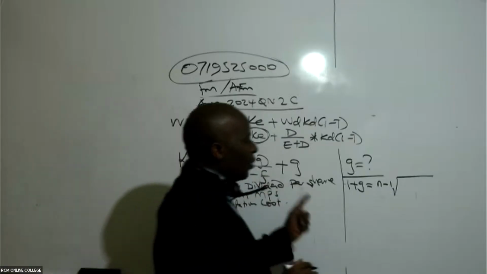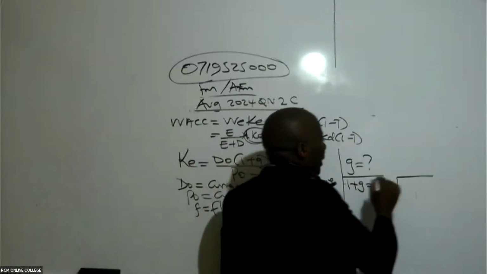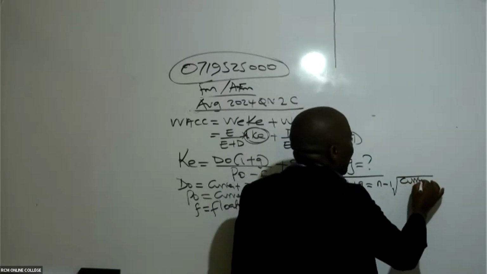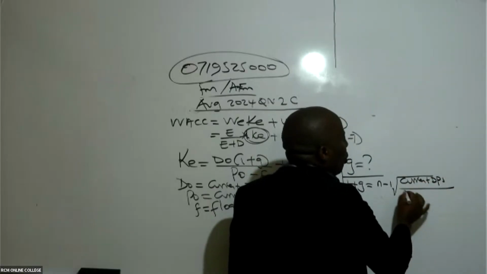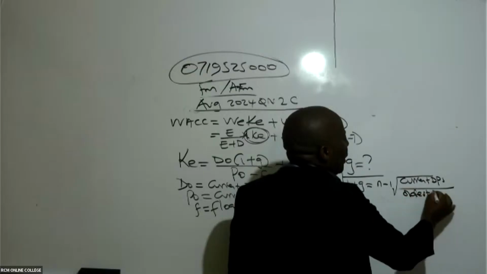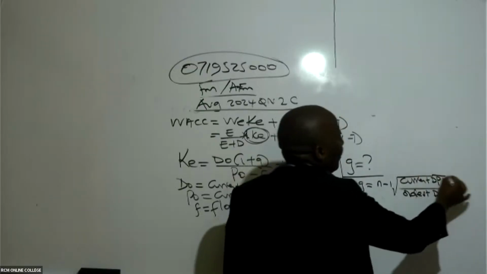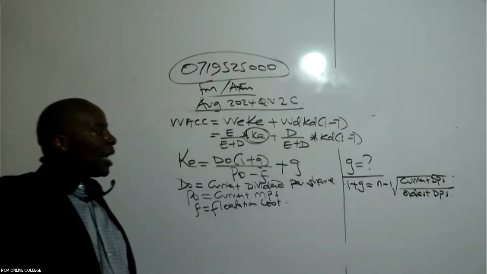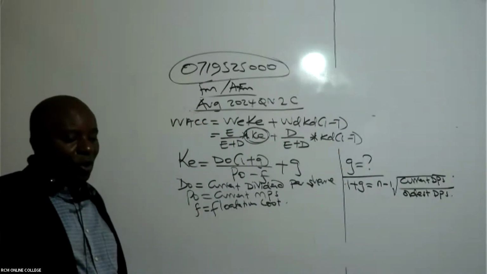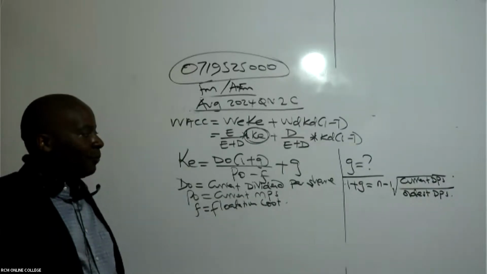We start by saying 1 plus g equals n minus 1 root of current DPS all over the oldest DPS.